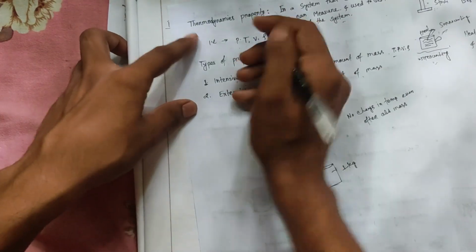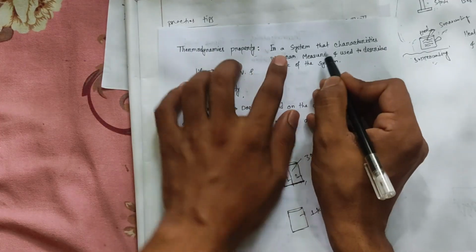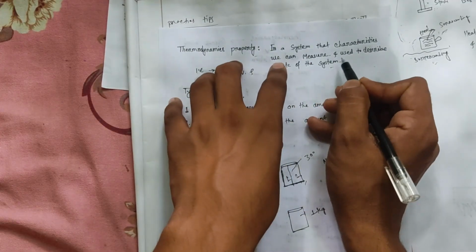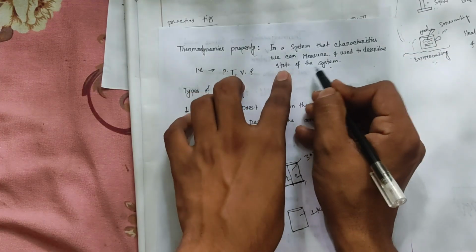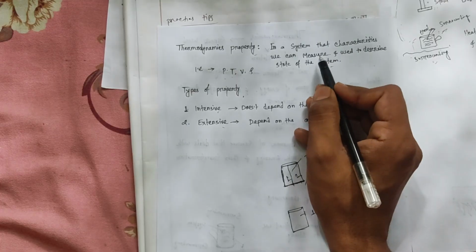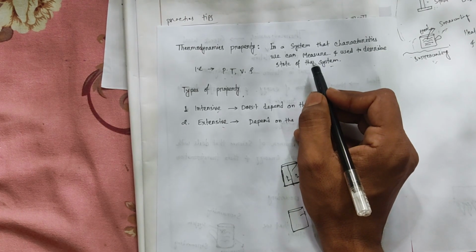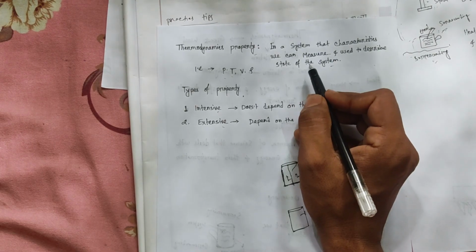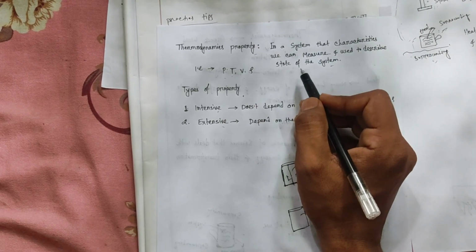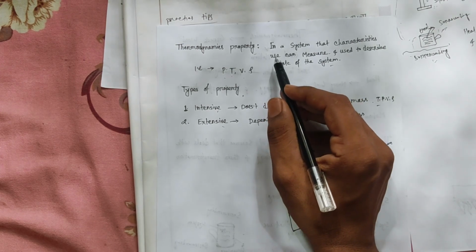Okay, let's see the thermodynamic property. What is a thermodynamic property? In a system, those characteristics we can measure and use to describe the state of the system. That means in a system there are too many characteristics. Those we can measure are used to describe the state of the system. This is a thermodynamic property, right?